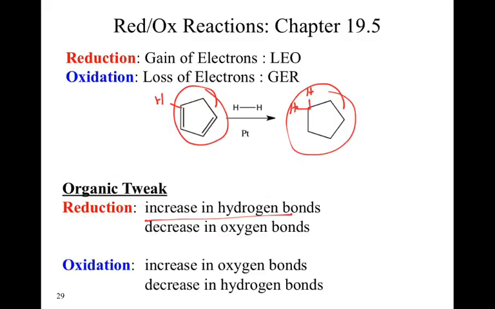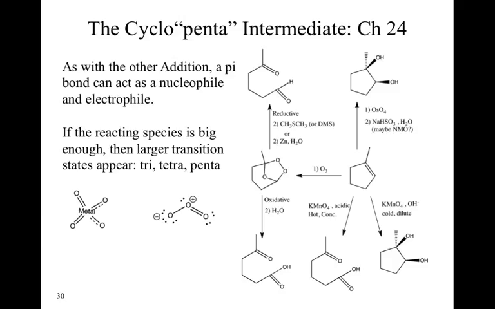And that may very well be almost the last slide. We've got a little bit more detail here with our pentacoordinate intermediates. So we've got those same reactions drawn out there, and what I'm trying to show on the far left is that our reacting species is large enough that we can get to these larger transition states. So if we draw in an alkene, do I have that?